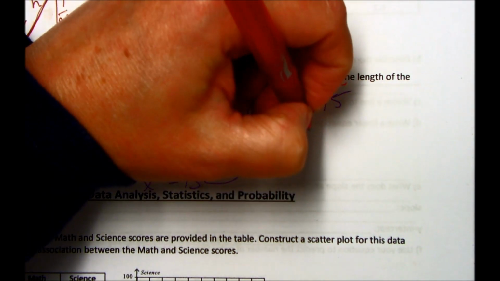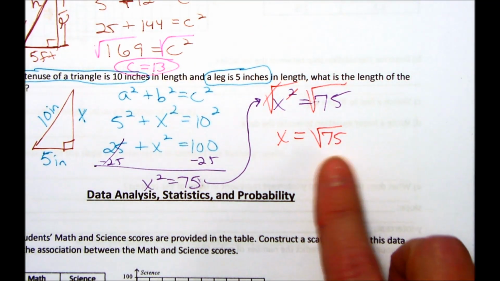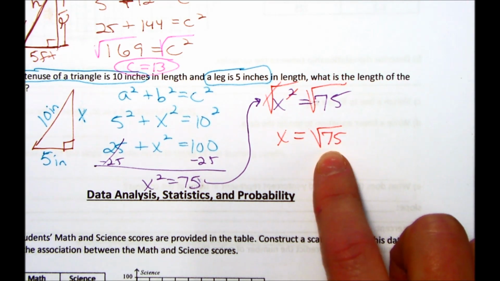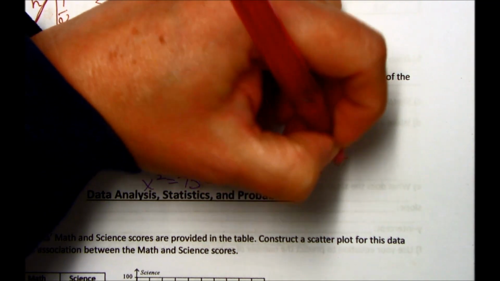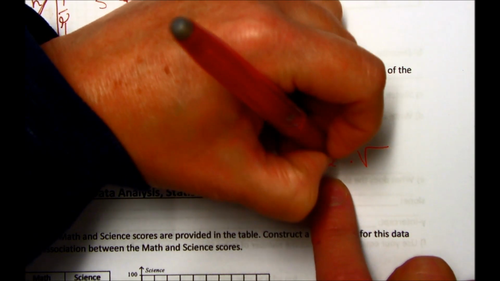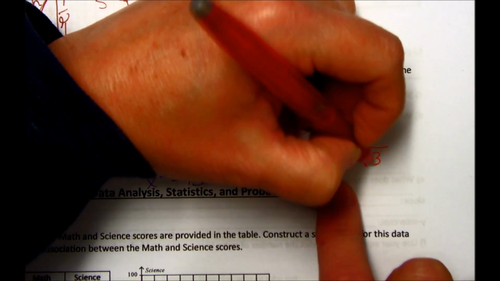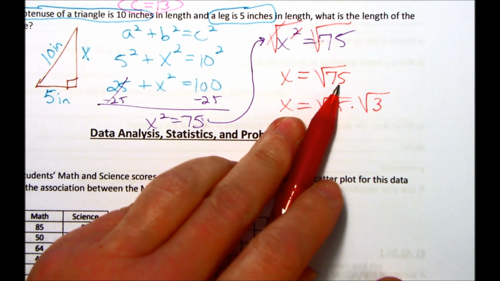They may just have the option of square root of 75. So this would be an exact value. However, if they ask you to simplify the radical, then you would want to factor your square root of 75 into the square root of 25 times 3, because 25 is a perfect square and it's a factor of 75.